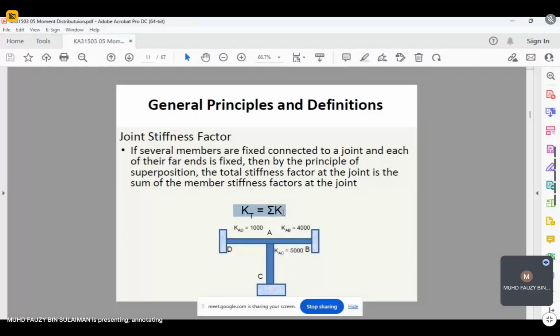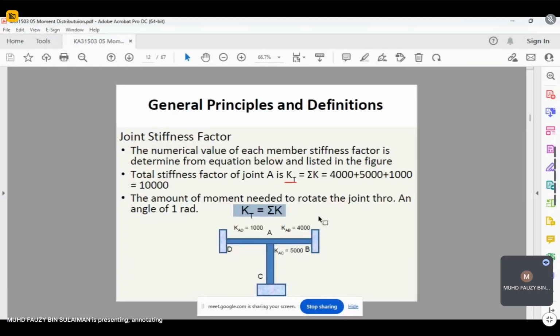You just have to sum it, you have to total it. So the total stiffness in this diagram is 10,000. You only add all of the stiffness factors.